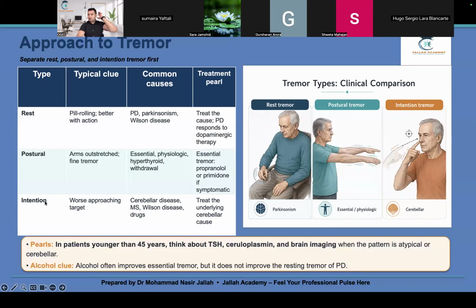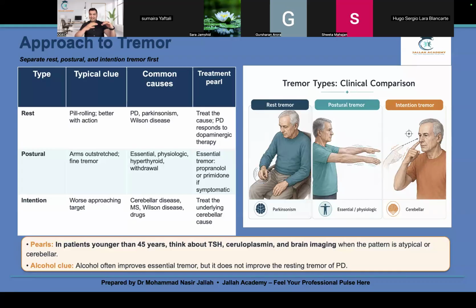Intention is usually for the kinetic tremor. For the intention tremor, the main location is the one for balance. If it is affected, like the patient cannot balance himself, for example in Parkinsonism, that would be one of the cases. You need to do the kinetic test.